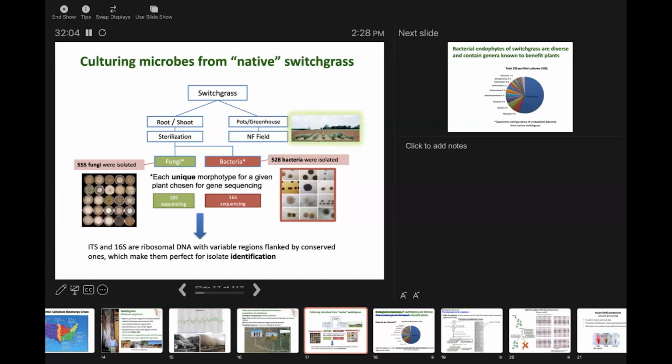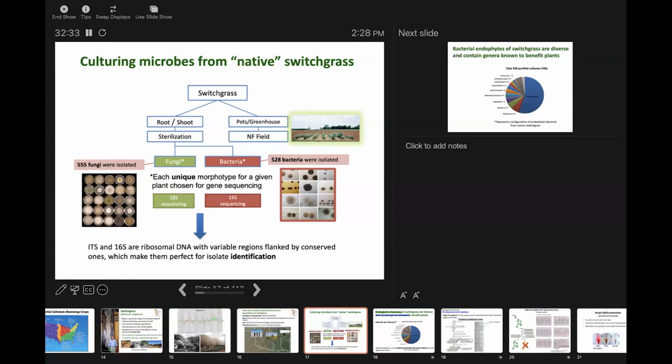And we know that there is communication between the plant and the microbe before the microbe is given access into the plant root. So by burning everything off of the surface, focusing on what we can get from the surface sterilized tissues, we're enriching for endophytes. And those are the ones that the plant has said, come on in, which would imply maybe they have a function that the plant wants or needs.